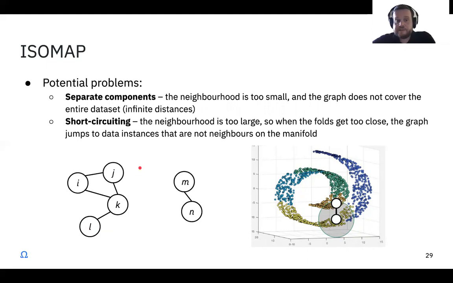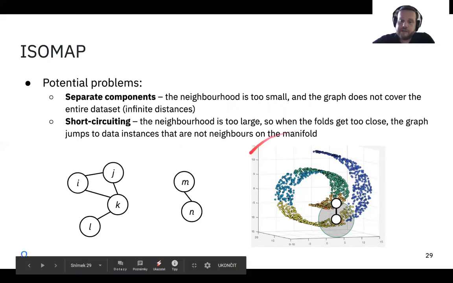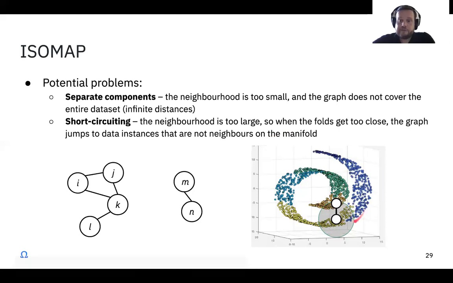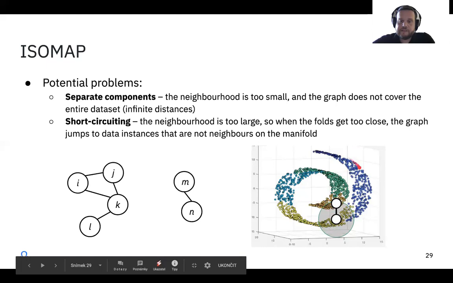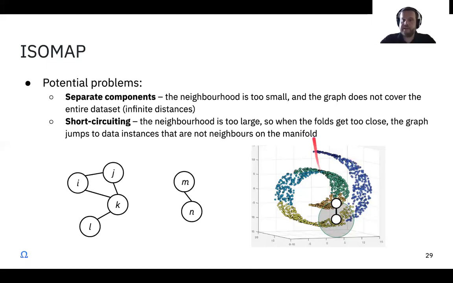The other problem is so-called short circuiting, which means that if we select the neighborhood to be too large, which you see here. Here we have the Swiss roll data set again. Manifold means that this is like the one manifold and it's folded into the roll. So that's what we mean by folds here. When the folds get too close, then the graph will jump to data instances that are not neighbors.